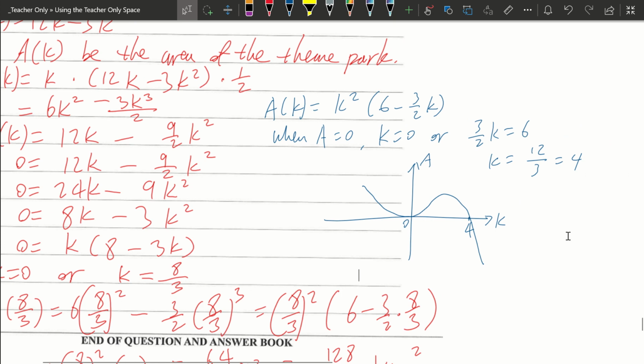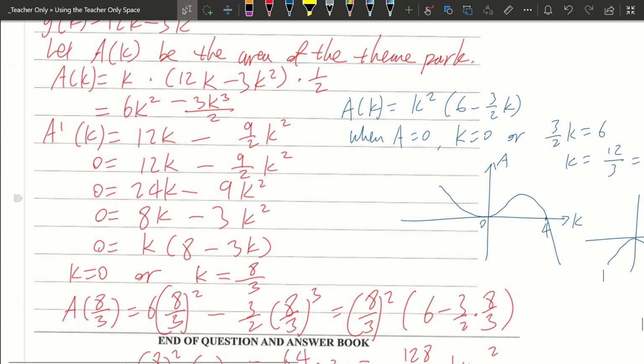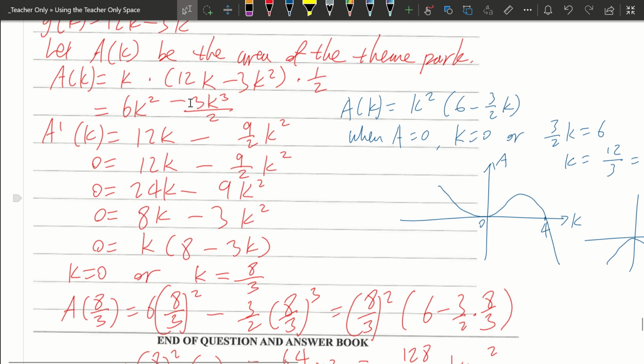Also, I know it's not going to be like this, because it's a negative k cube. There's a negative k cube, so that tells me the direction of the cubic. If you have a very big positive k value, the negative k cube term will dominate everything else, and the whole area will become negative.